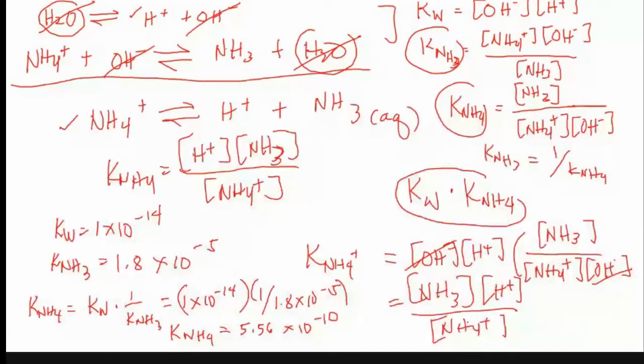So, ganyan kumuha ng equilibrium constant values. Kung given ka lang ng dalawang equilibrium constant values, pwede mong i-manipulate yung equilibrium constant to get another equilibrium constant of another species present sa reaction.